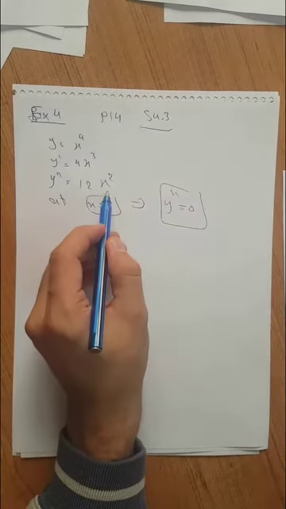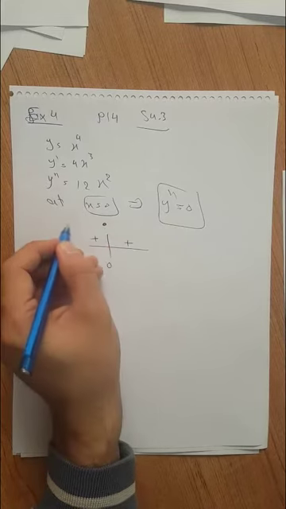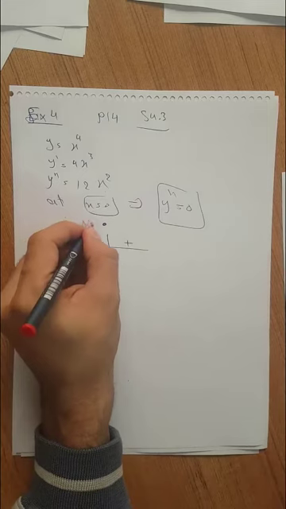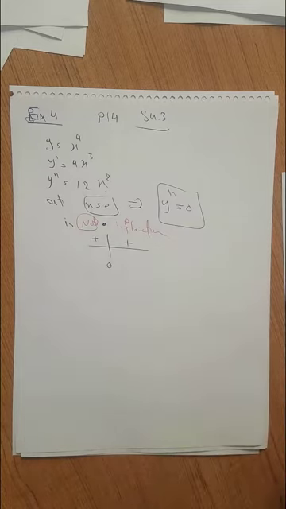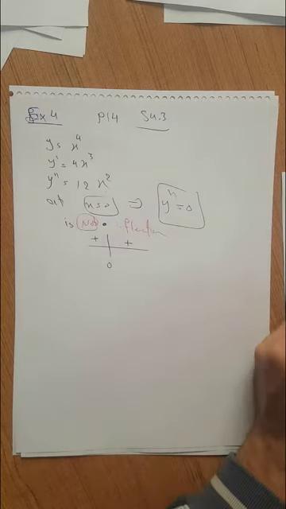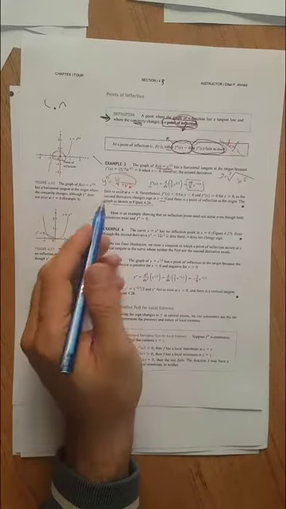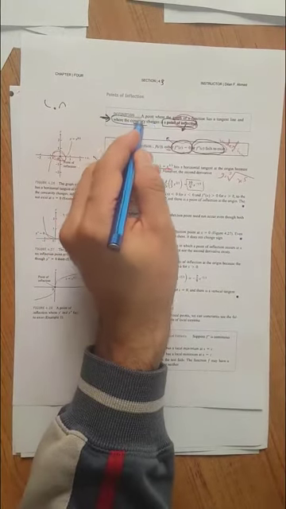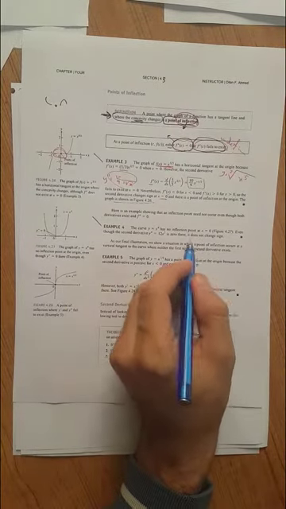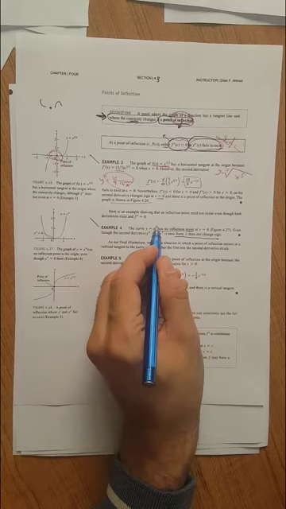But because the sign does not change, it is always positive, this point is not an inflection point, because there is no change in concavity. So that's very important. Examples 3 and 4 are about the concavity of the function: where the concavity does not change, there is no inflection point.